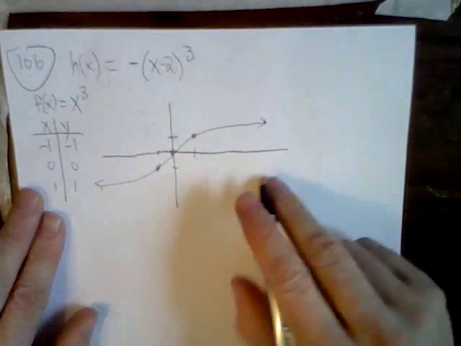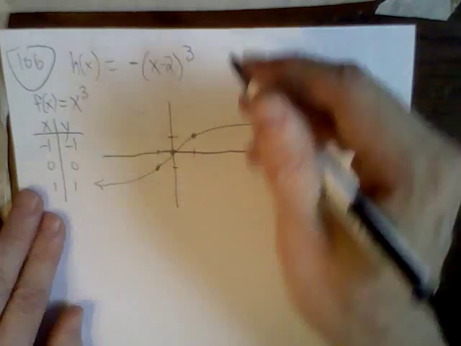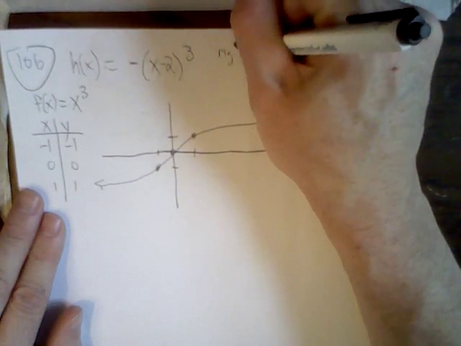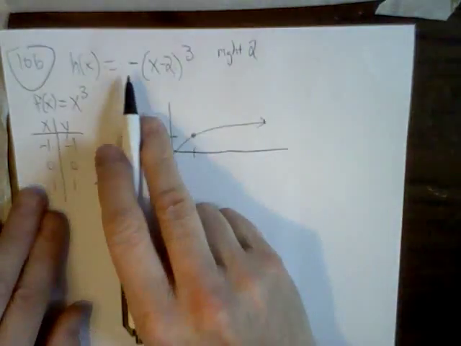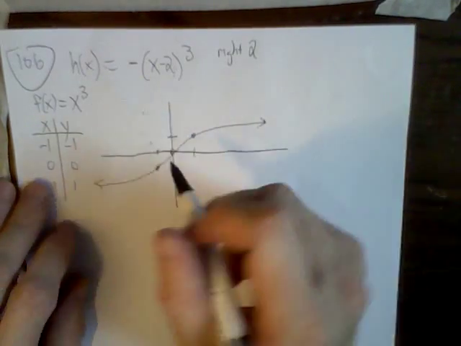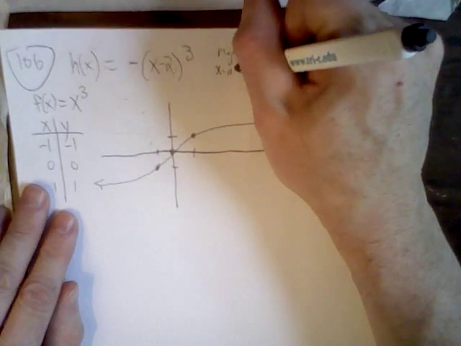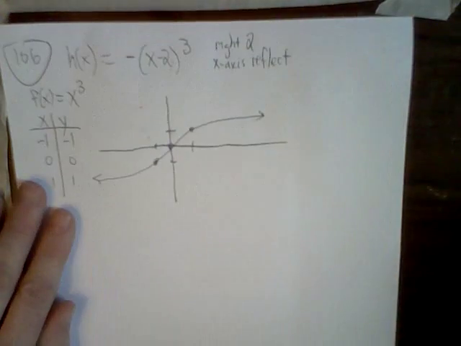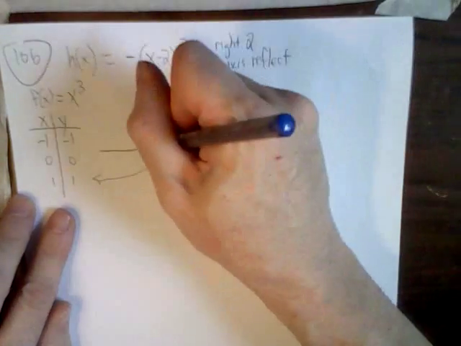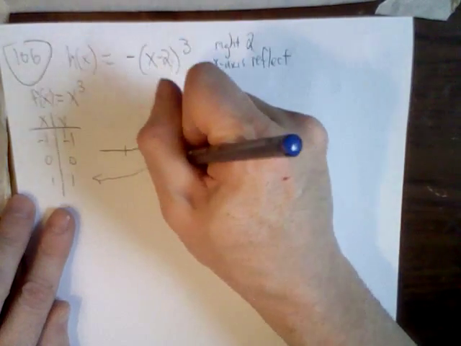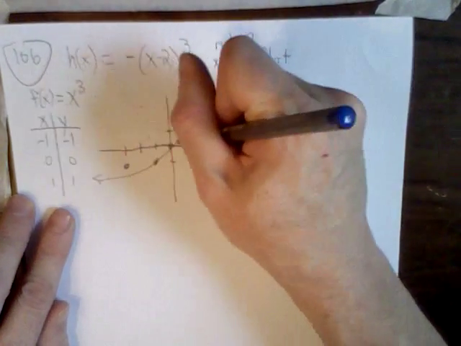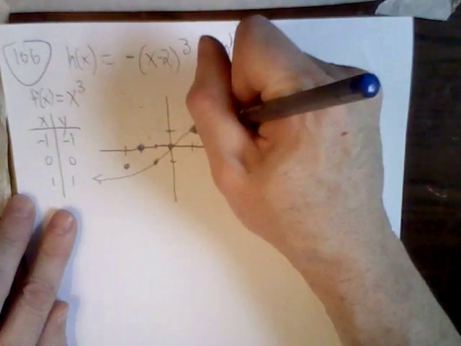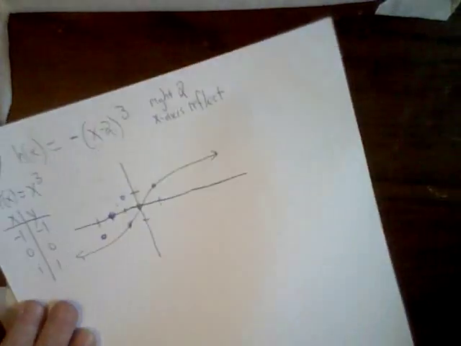Okay, so going back up here, what do we have? We have a shift right by 2. That's our horizontal. And then on the outside, we have a reflection about the x-axis. So first, shift right by 2.